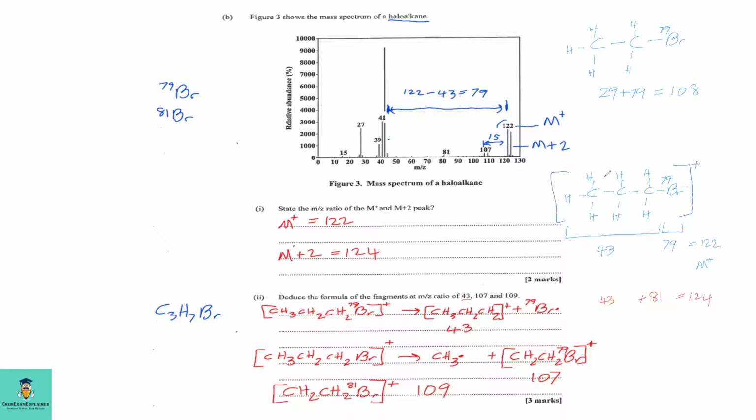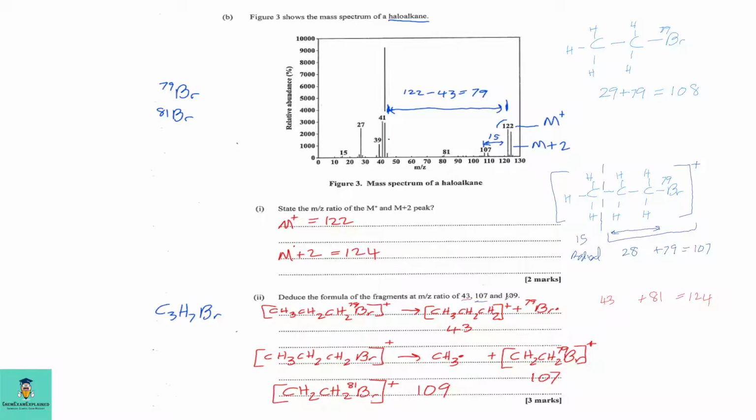And if we fragment it at this point, we now have 15 as our radical, and this entire part here, from here to here, would be 28 plus 79, which gives us 107. So this would be the fragment ion that will give us the line at 107. So we have CH2, Br 79 for the 107 peak or fragment ion.